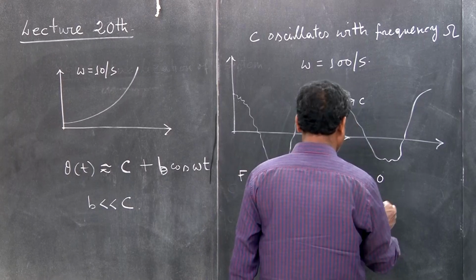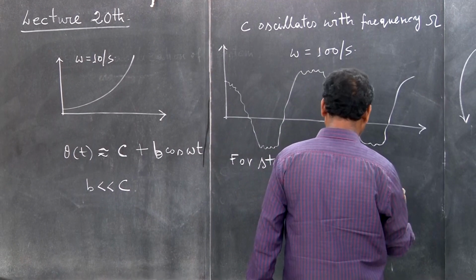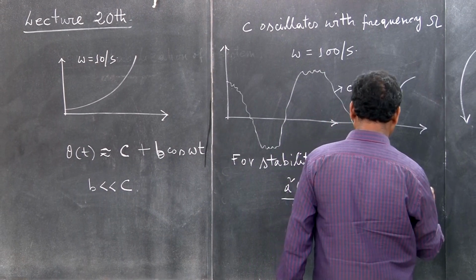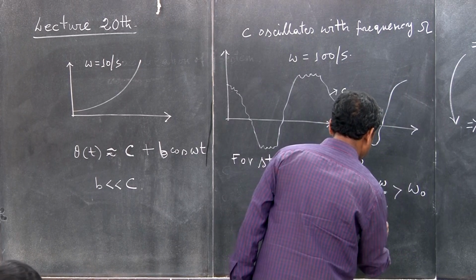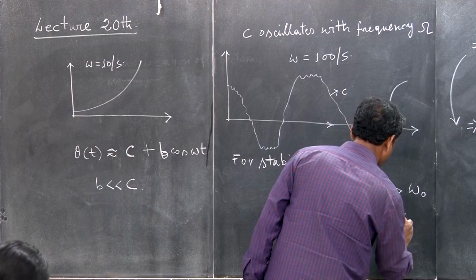That means a omega by 2 is greater than omega 0 root 2.